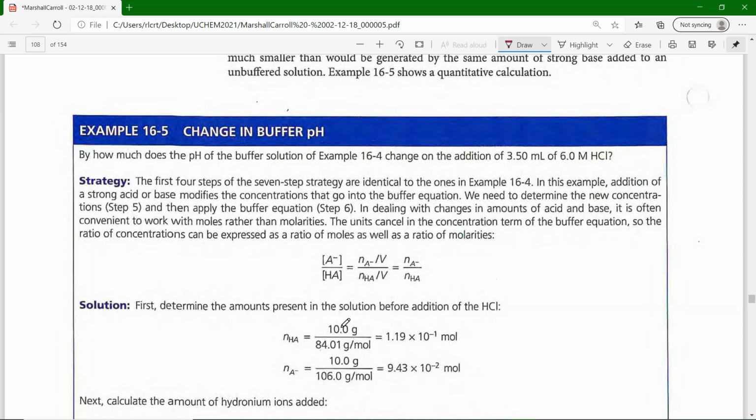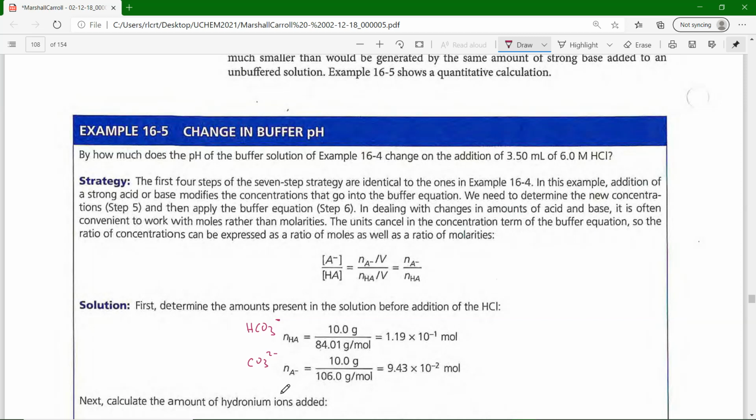Okay, 10 grams divided by 84. Oh, okay. This is how many moles there are of the HCO3 minus, and of the CO3 2 minus. So this is the moles of the CO3 2 minus, which is the conjugate base of HCO3 minus, is 10 divided by 106. Okay, so that's how many moles you have of each of those.